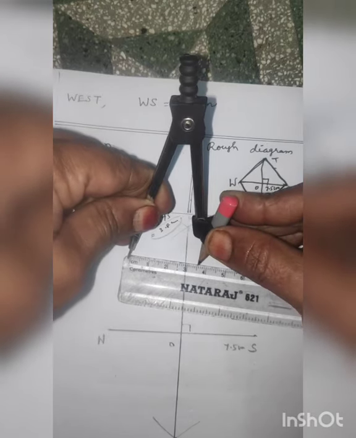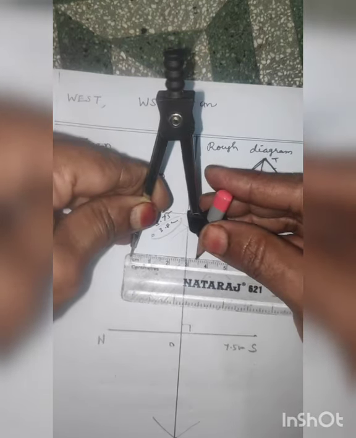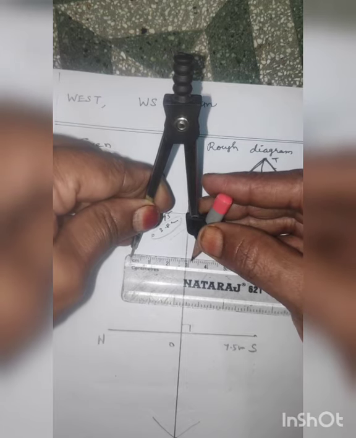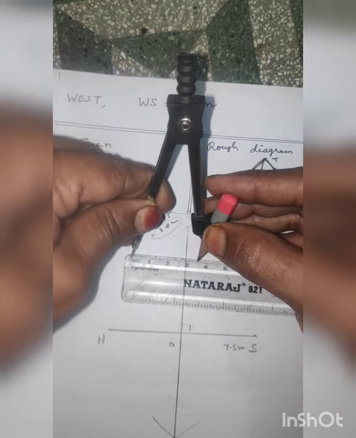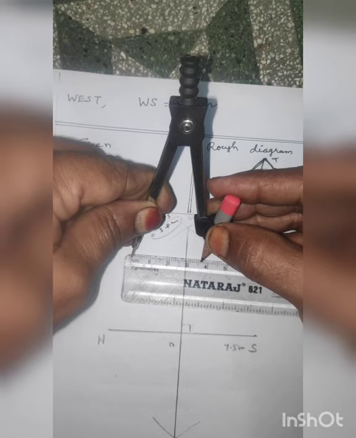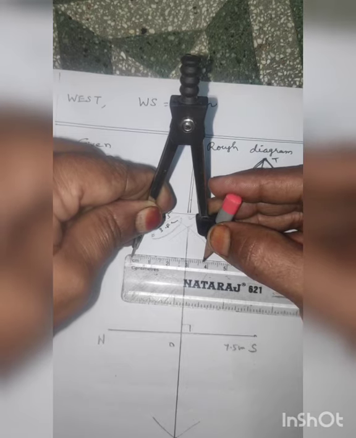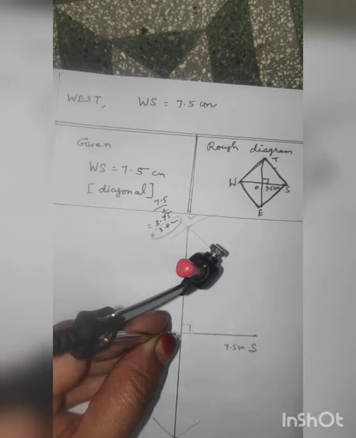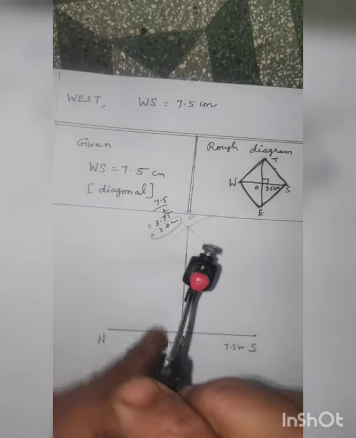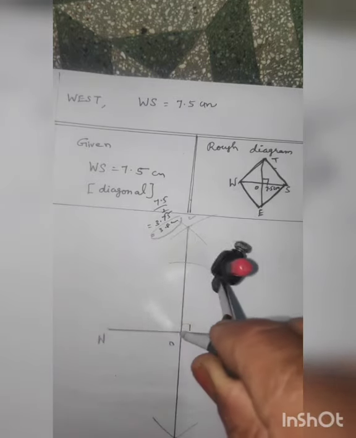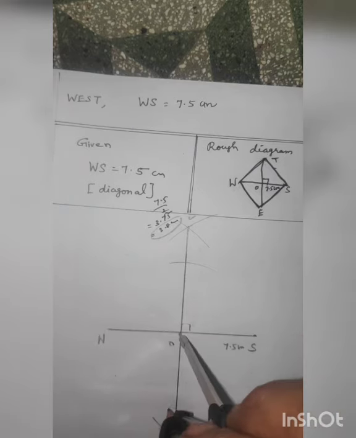See there: first 3.1, 3.2, 3.3, 3.4, 3.5, 3.6, 3.7, 3.8, want to measure. Keep at the O point and cut the arc, one arc up, one arc down.